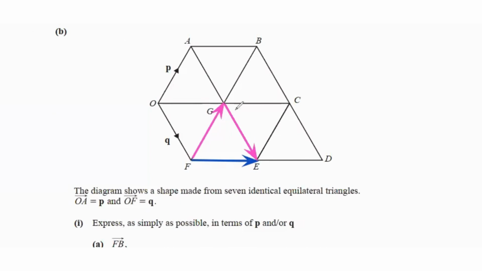Now FG is going to be P again because once again they're parallel to each other. And GE is going to be Q because GE is parallel to OF. So FE is FG plus GE, which is P plus Q. Both are in the same direction, so the sign doesn't even change. It's just directly P plus Q.